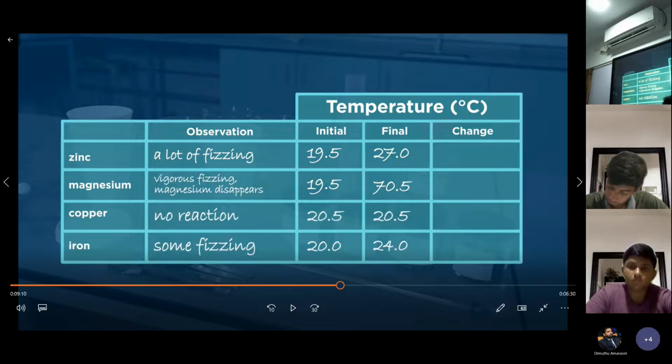Using a thermometer, measure the initial temperature. Use the insulating lid, add the metal, close the cup, and let the temperature rise. Observe the highest temperature. That's it. You're not going to say the reactivity series stuff. It's just a procedure. Do you understand it? Right, good. Move on.